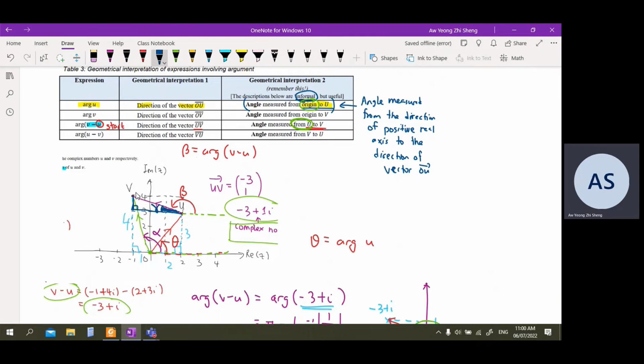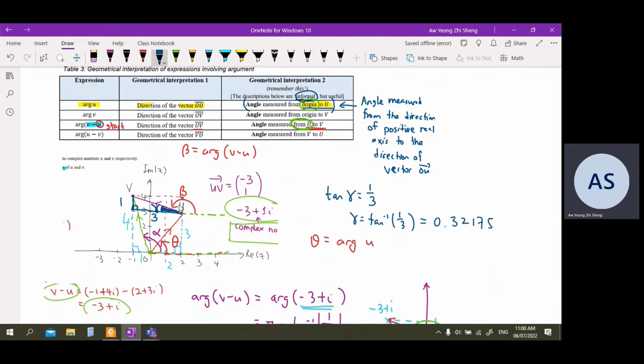On this right angle triangle, the vertical side will have a length of 1 and the horizontal side will have a length of 3. So I can find tangent of gamma as opposite over adjacent, which is 1 over 3. That means my gamma must be inverse tangent of 1/3, and I only take the acute answer, which is 0.32175.